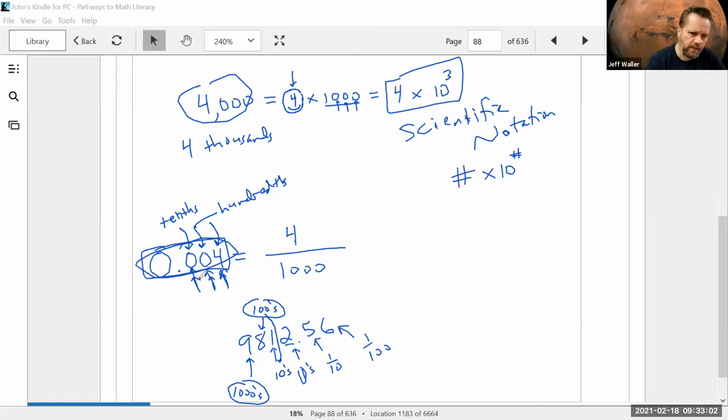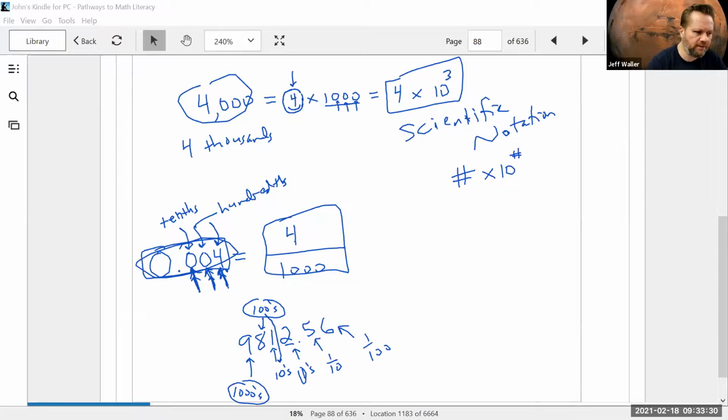The reason this is 4 thousandths is because this is the tenths, hundredths, thousandths place. That's it. But the shortcut is, I think you're almost on the cusp of a shortcut. How many decimal places are here? 1, 2, 3. So how many zeros? 1, 2, 3. Okay, I thought you were right on the edge of that. Which is beautiful.